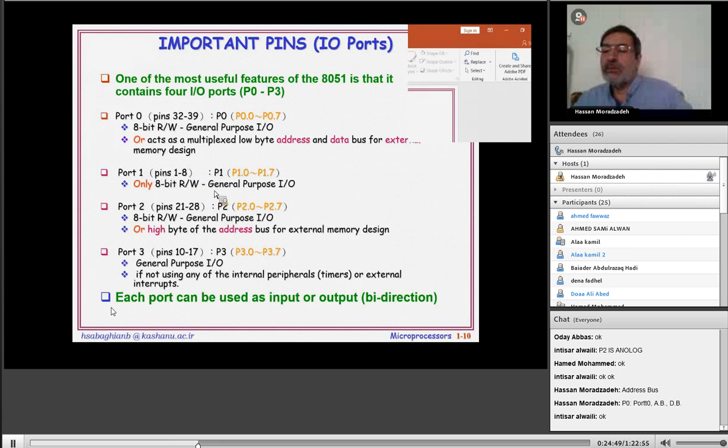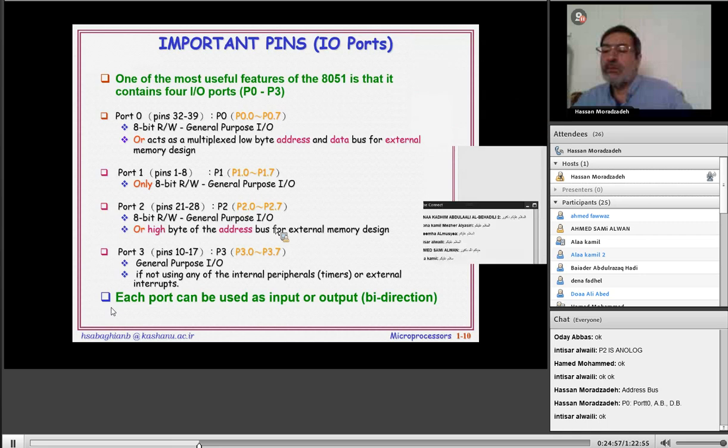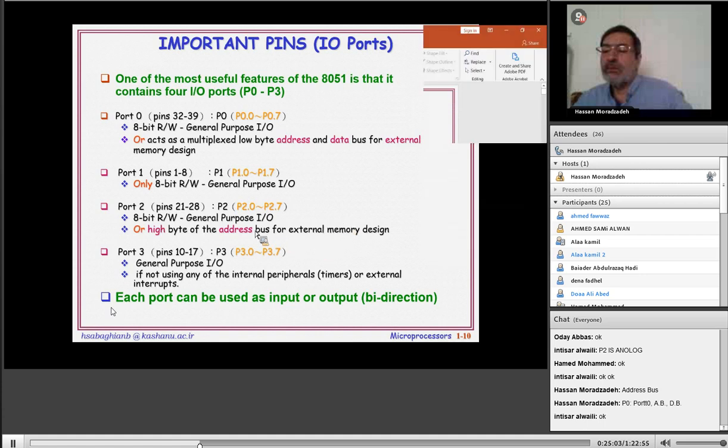In almost all tasks of ours, there isn't any need for external memory, external RAM. Their address bus and data bus isn't used, and we use it as port 0.